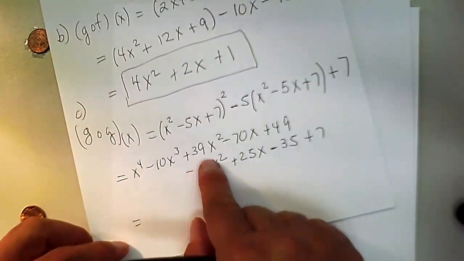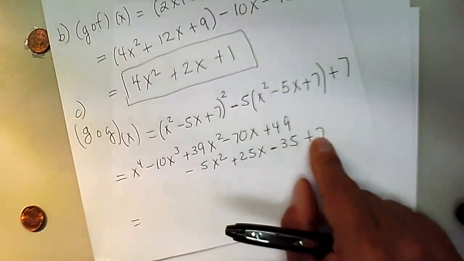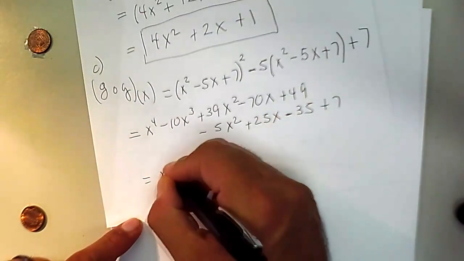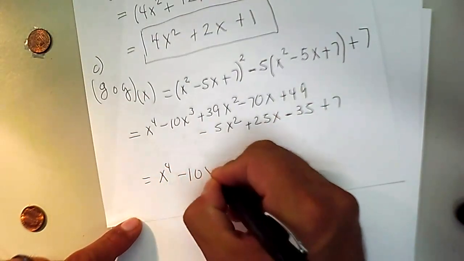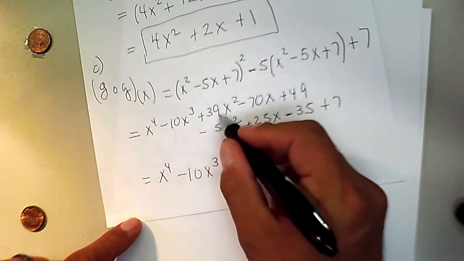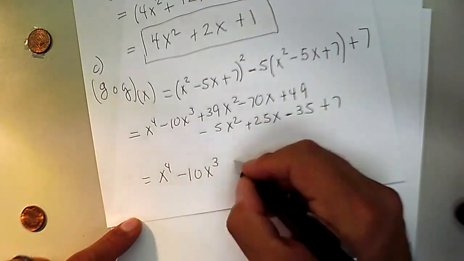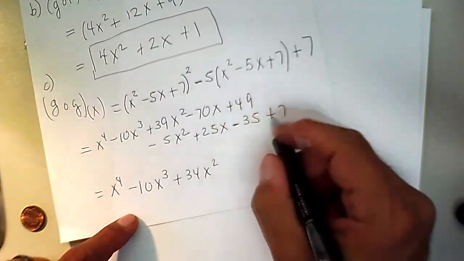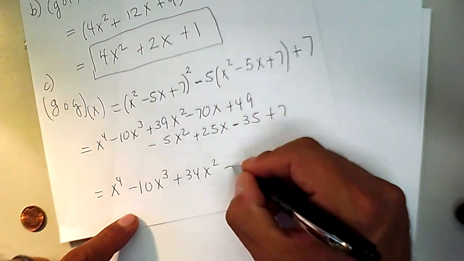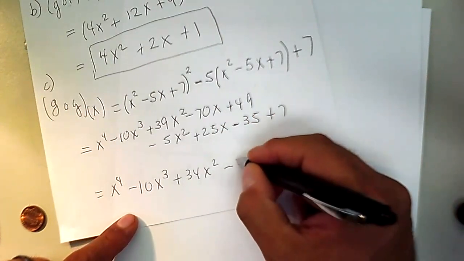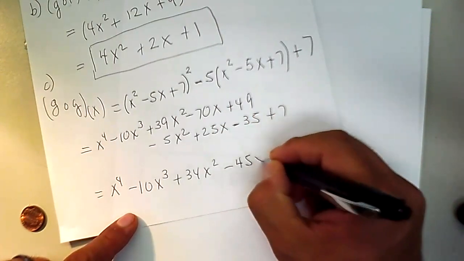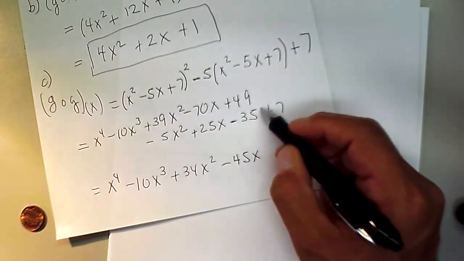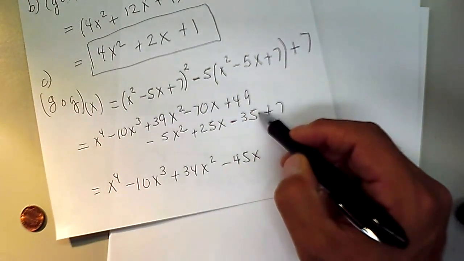So I'm putting them underneath respective like terms, so it is easier for me to add them together. So we end up with x to the 4 minus 10x cubed. 39 minus 5 is 34, plus 34x squared, minus 45x. 49 minus 35, well, 9 minus 5 is 4.